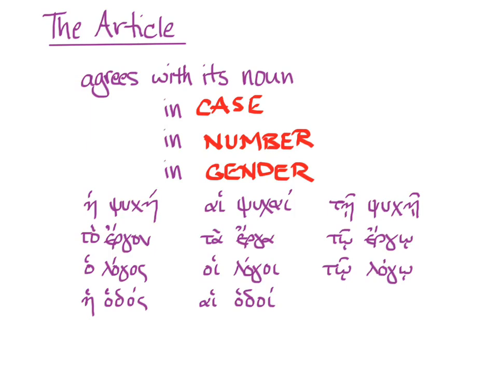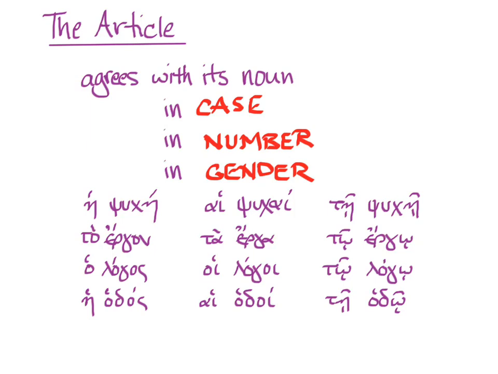They agree in case, number, and gender, but hai and oi don't match as endings. And for the road, dative singular is tē hodō. The article is first declension, but the word is second. They agree, but they don't match.